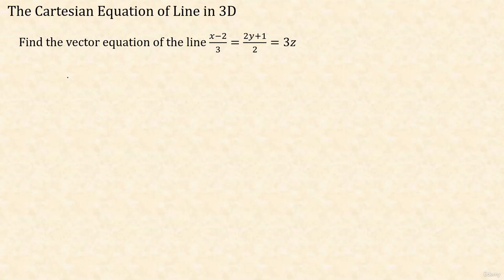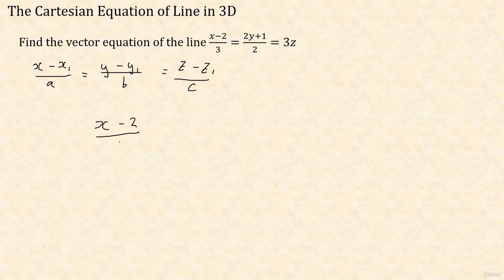So the key thing to convert into vector form is that your Cartesian form must be in the form x on its own minus a point, over a number, equals y on its own minus a y value over a number, equals z on its own minus a z value over a number. So my x minus 2 over 3 is fine, but the 2y plus 1 over 2 isn't. Well, I can correct that. I'll just write it out first and show you how I correct it.